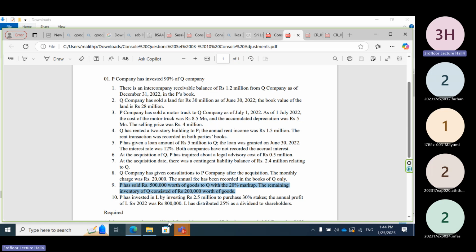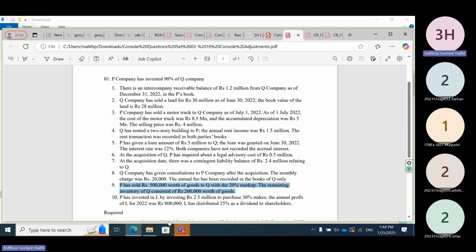Okay. So if you have unrealized gain, it needs to be adjusted, right? Here, parent sold to subsidiary.